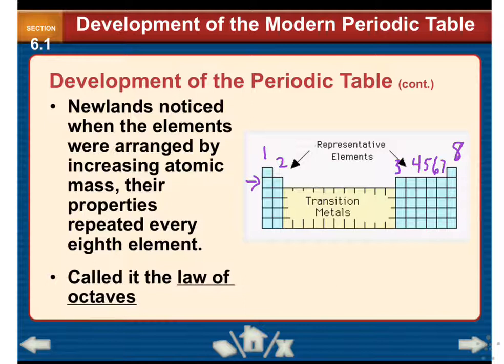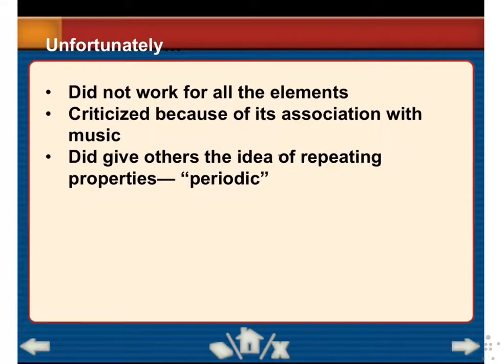So if you're familiar with music at all, that should ring a bell for you. So unfortunately, this arrangement did not stick because it did not work for all the elements, and his arrangement and law was criticized because he associated it with ideas in music, which is not science, but anyway.